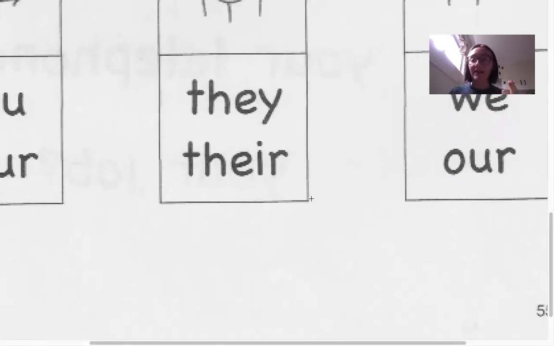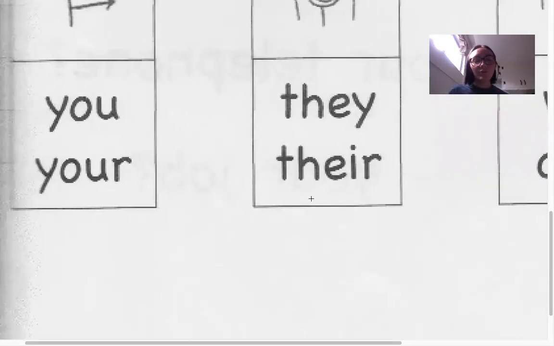So when you say their, it means they, but that they own it, that they have it, right? But when you say you, you're talking to one person, you could also say your, but it would be something that you have, you own.